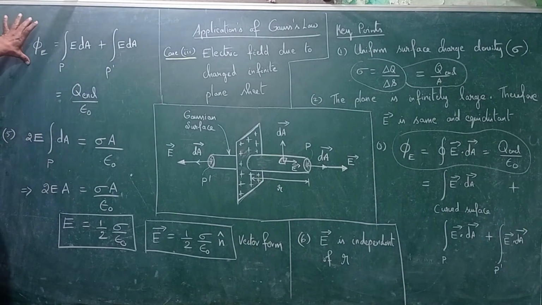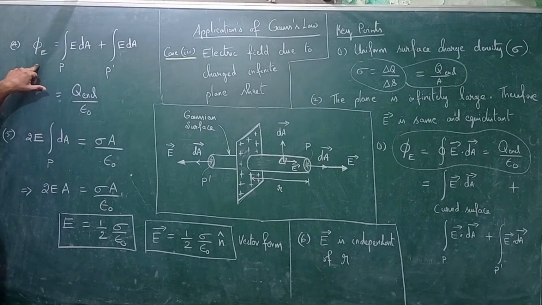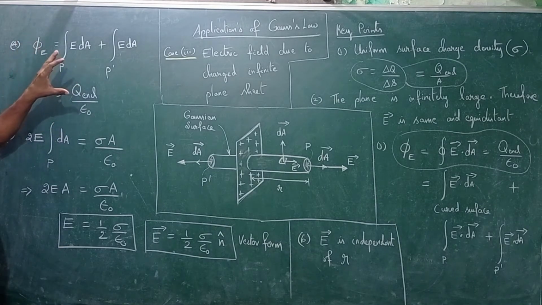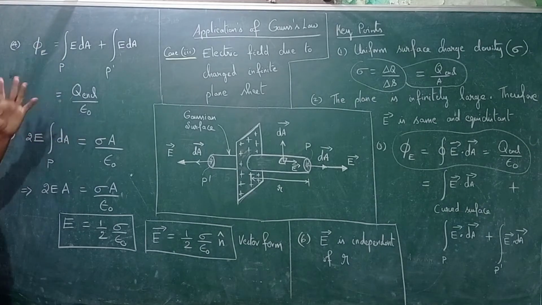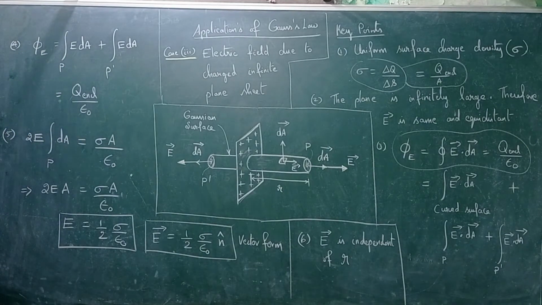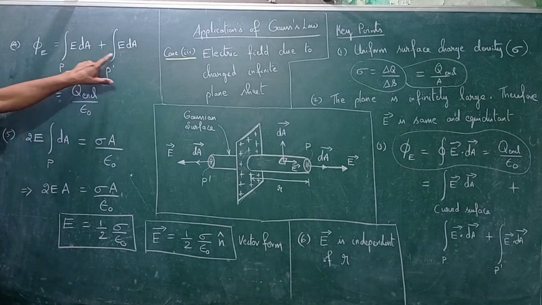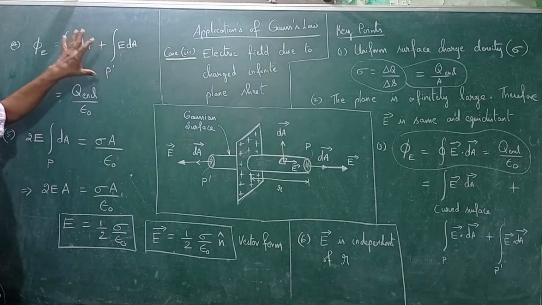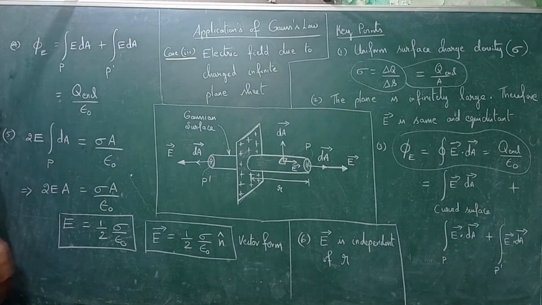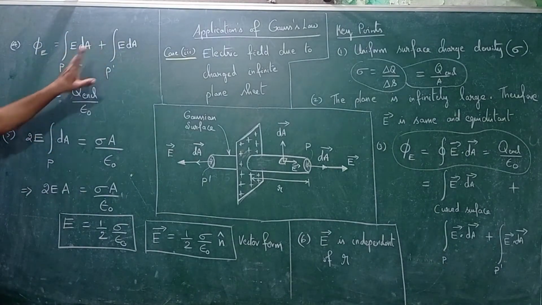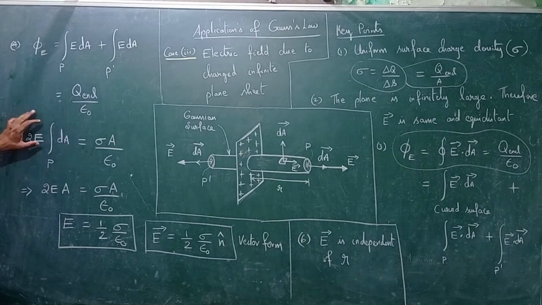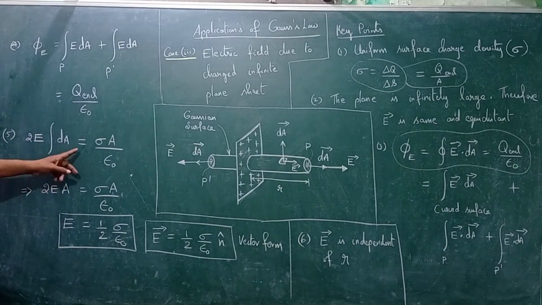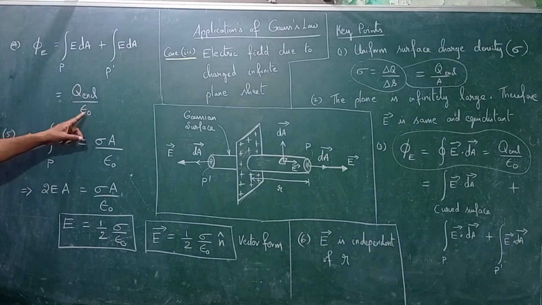By Gauss law we know that the total electric flux is equal to the charge enclosed within that Gaussian surface divided by epsilon naught. These two integrals have the same value. So 2E is constant, you can take it out, integral dA equals q charge enclosed by epsilon naught.